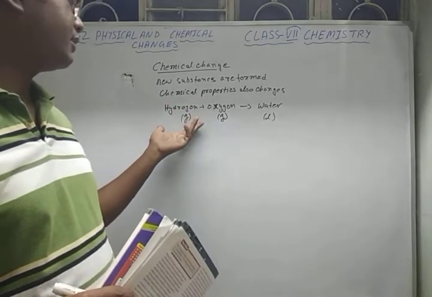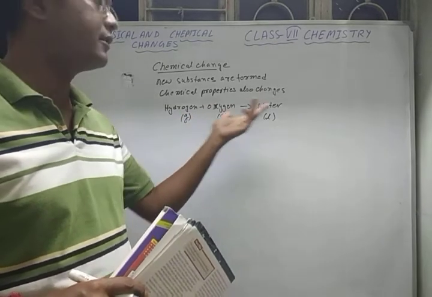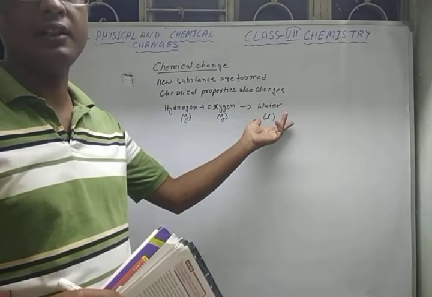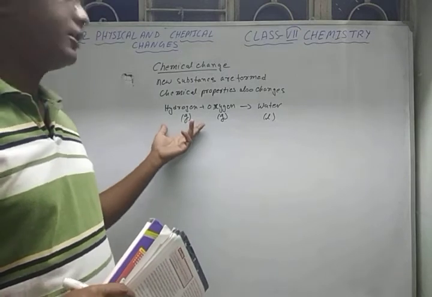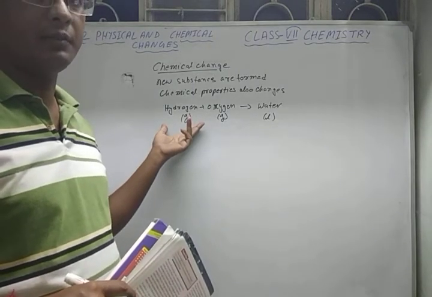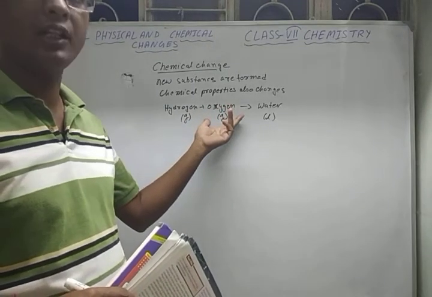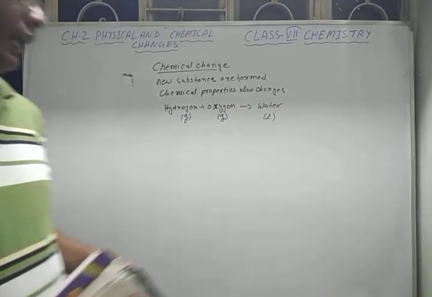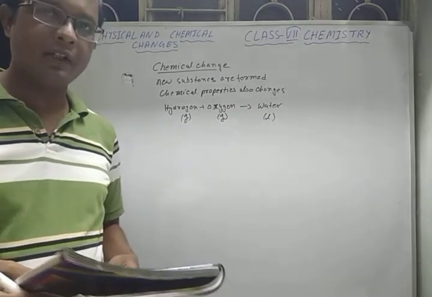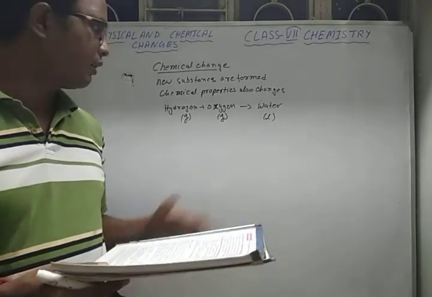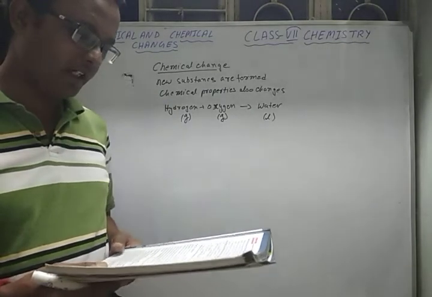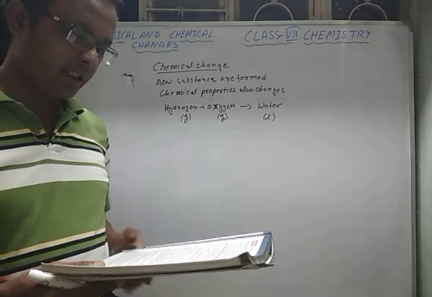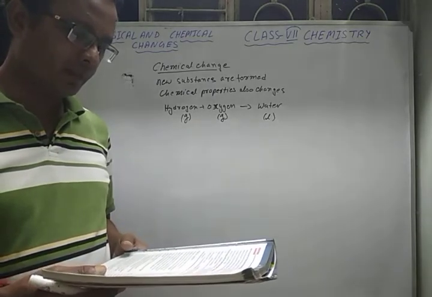Physically, hydrogen is gaseous, oxygen is gaseous, but water is a liquid. Hydrogen itself is a very combustible gas, and oxygen helps in combustion, whereas water helps to put off fire. So in many properties they are quite different. So what we will see today is the main features of chemical change.